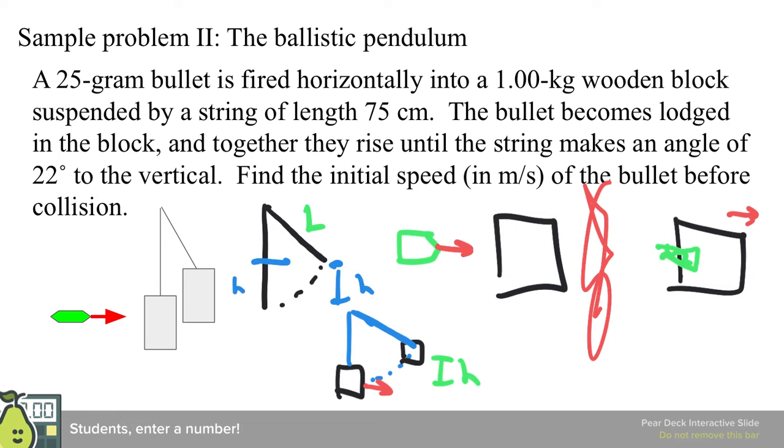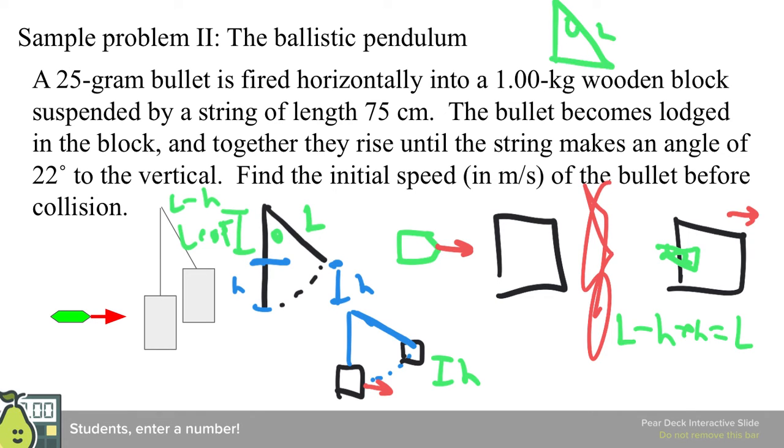And this, of course, is also H. And this is L minus H. Well, L minus H plus H equals L. Duh. But this distance is also L cosine theta. Right, because if we look over here, we have L and theta and the thing I want. So that will be L cosine theta. So we get H is L minus L cosine theta.